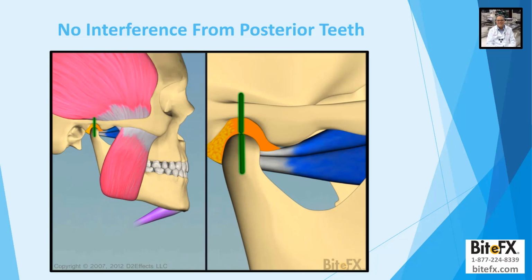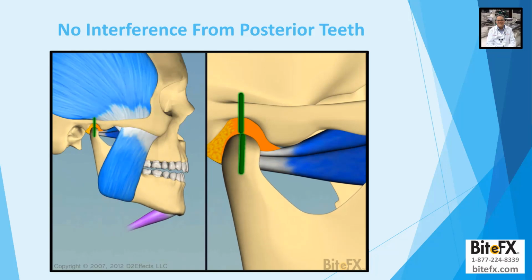And when closure occurs, the superior belly has to contract to reposition that disc forward. And when it's all said and done, and that condyle is completely seated, that lateral pterygoid is relaxed. And we'll see next week what happens when that lateral pterygoid cannot relax.